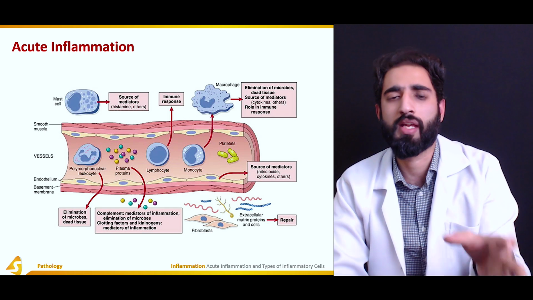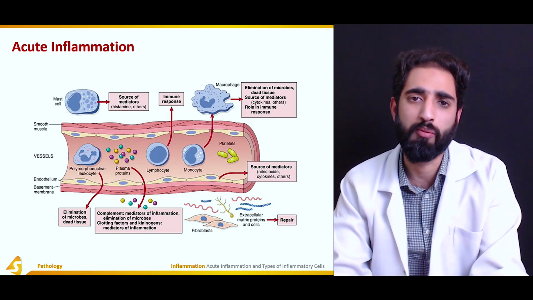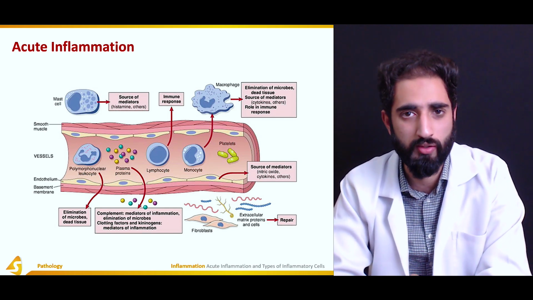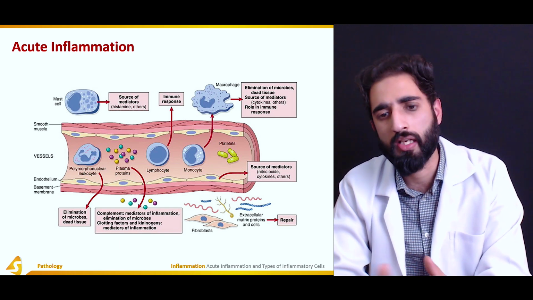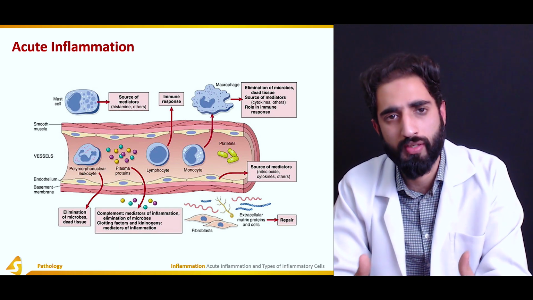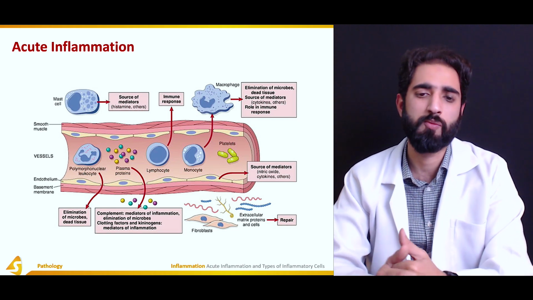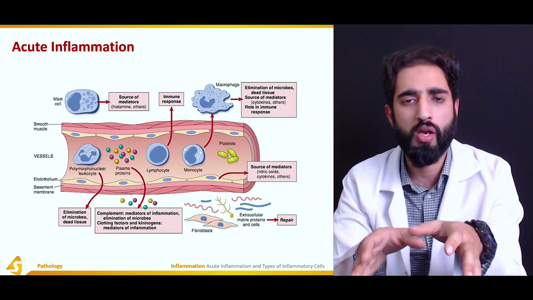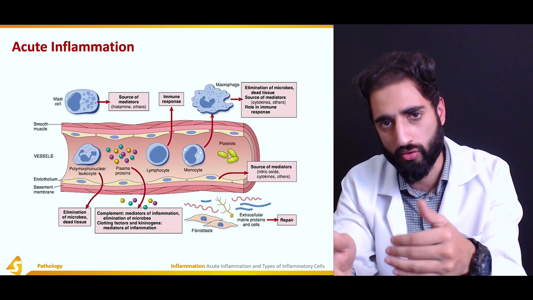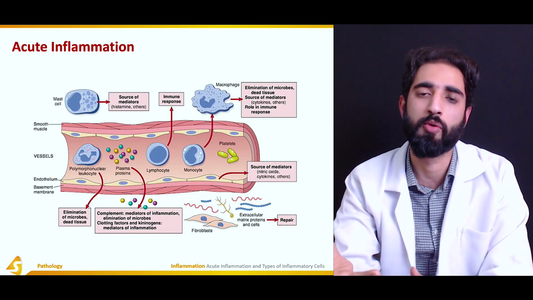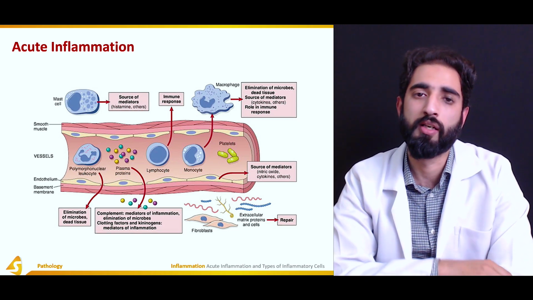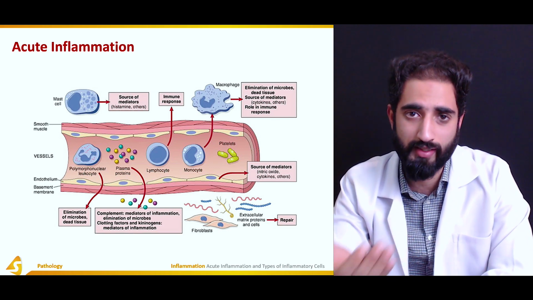So any factor can result in acute inflammation, and the immediate response is actually the acute inflammation. And it involves a lot of different types of cells. Here you can see in this picture as well, but we are not going to talk about them here because we are going to talk about these WBCs or different types of leukocytes in detail in the next slides.